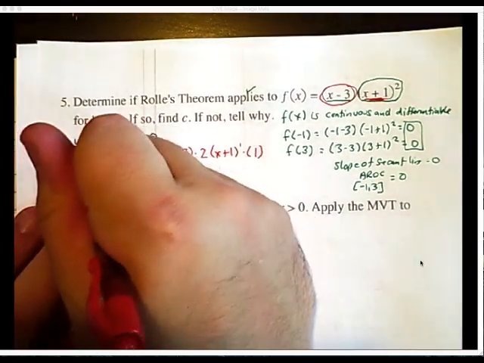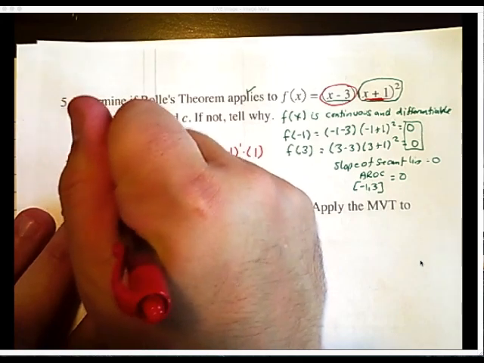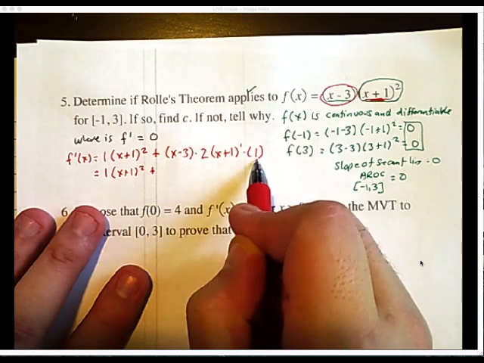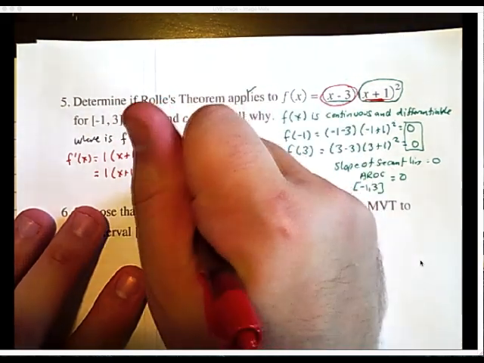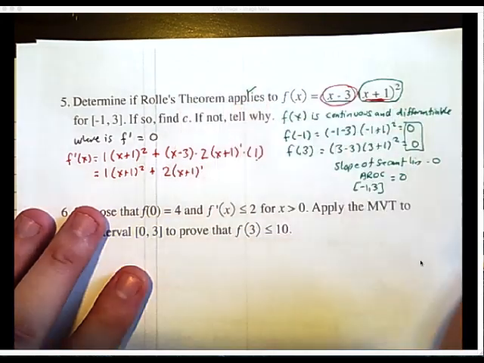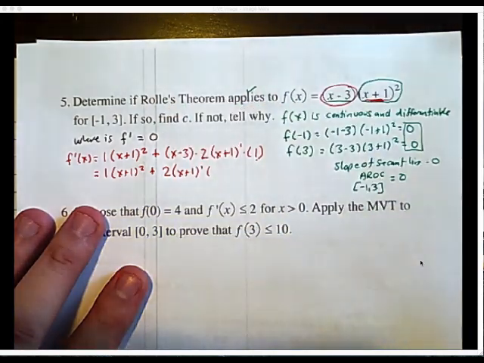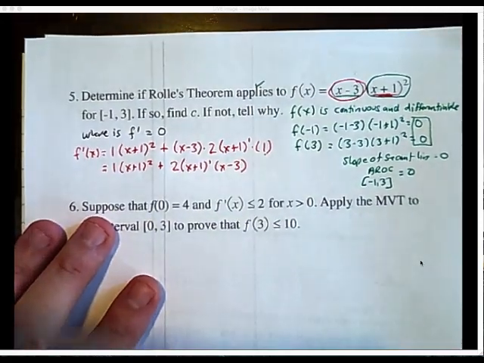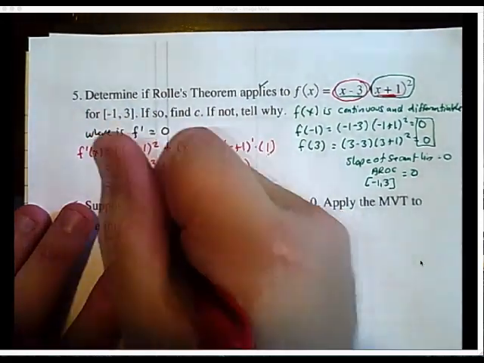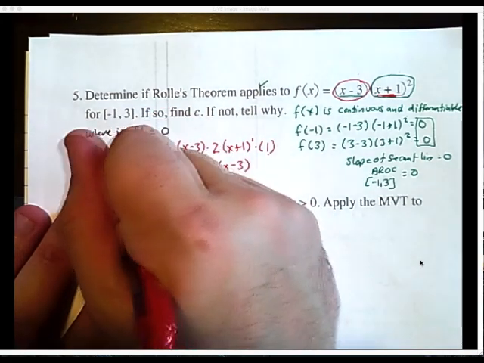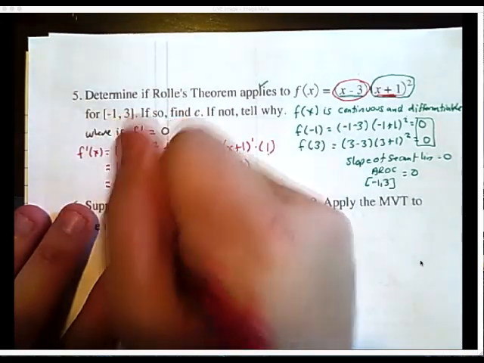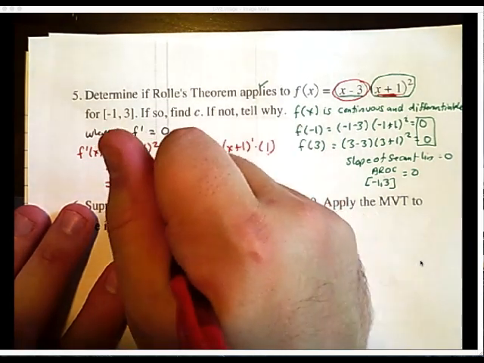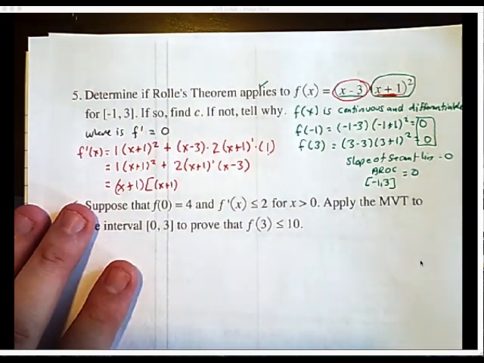So if I do some simplifying here, I get 1 times x plus 1 squared plus, well, 2 times 1 is 2 times an x plus 1 to the first, times an x minus 3. So if I want to do some factoring, both terms have an x plus 1. So I can factor out an x plus 1. Well, I took care of one of these x plus 1, so I need to add in another x plus 1 there.